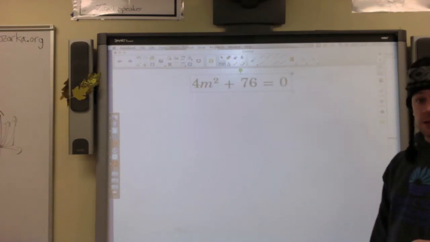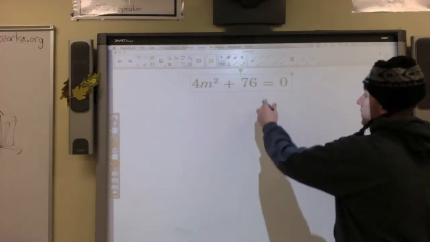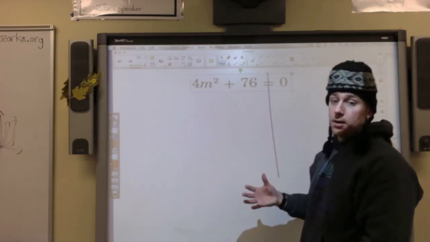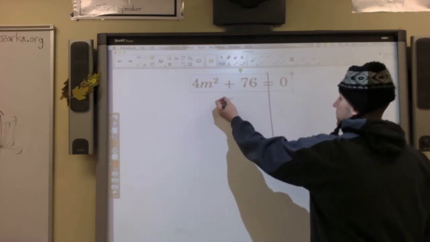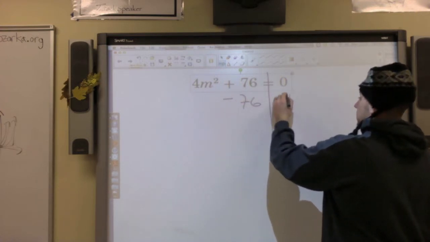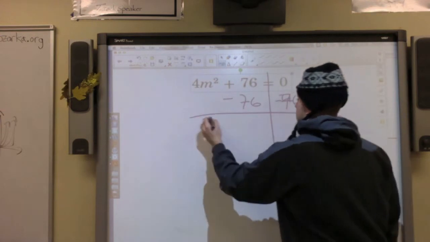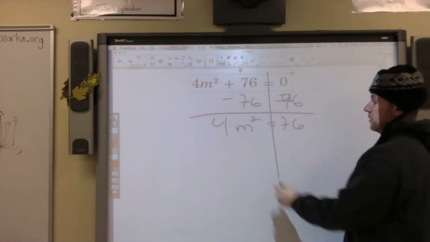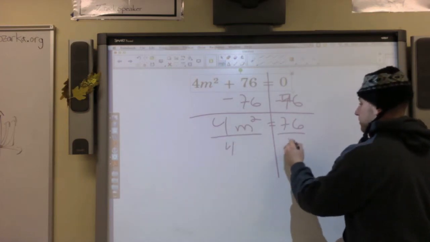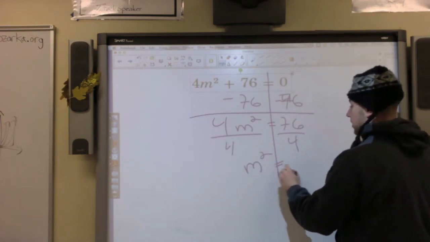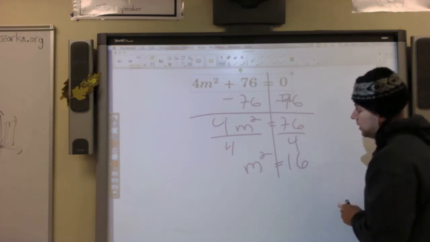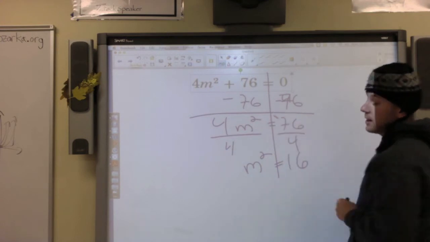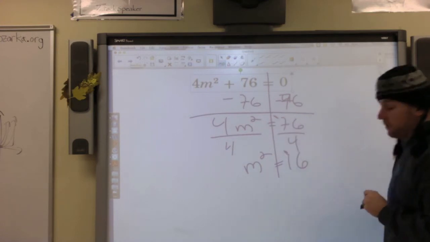Here, with the complex numbers, all I'm doing is solving. So, whenever you have something like this, all I have to do is solve. So, subtract 76 from both sides. 4m squared equals 76. I then divide by 4. m squared equals 16. Oh, I forgot something here. When I subtracted 76, that's a negative, and that's a negative.